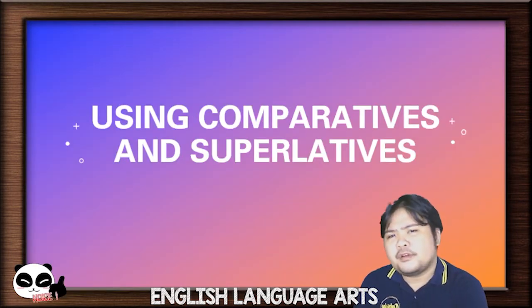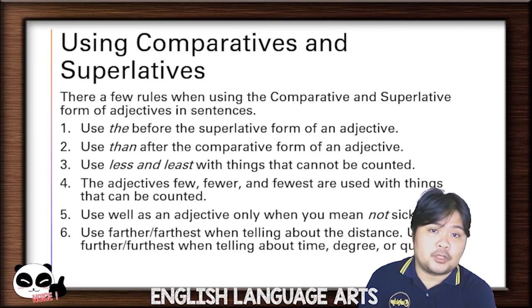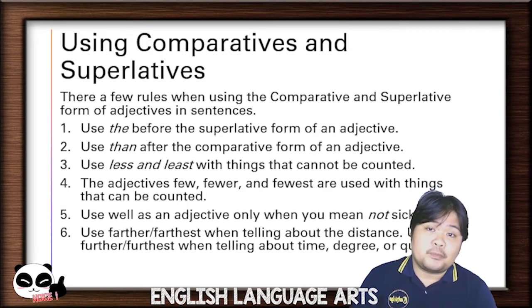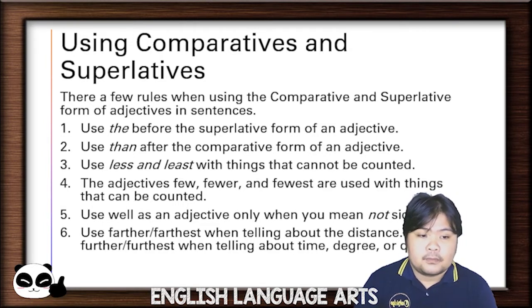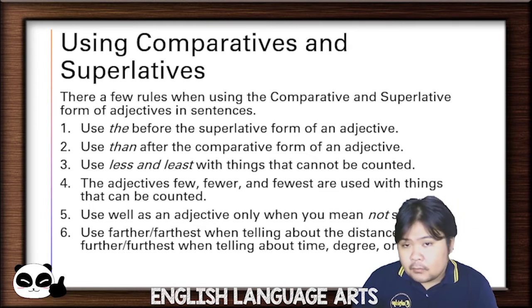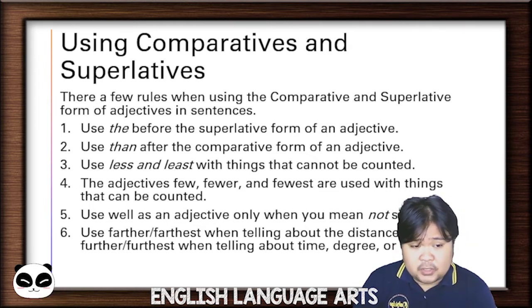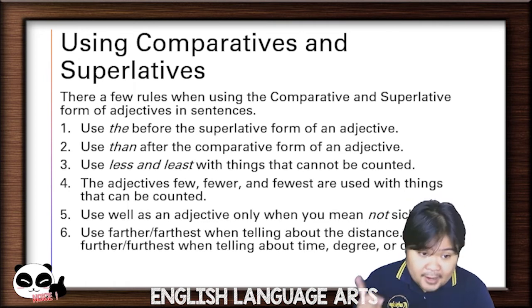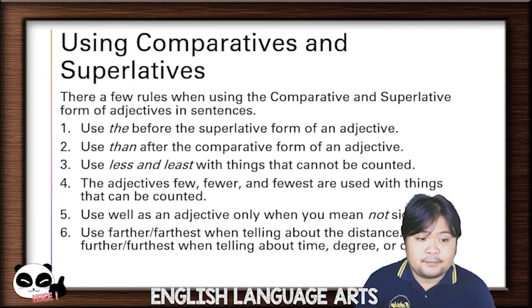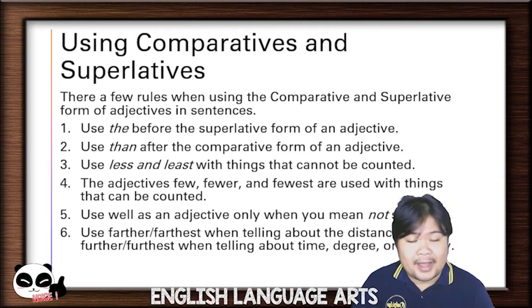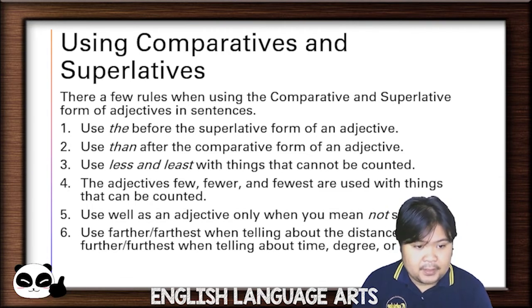Now, there are a few things you have to take note of, or a few rules that you have to make sure that you follow. The first one is already mentioned just a while ago: using the word the for superlative, and than after the comparative.